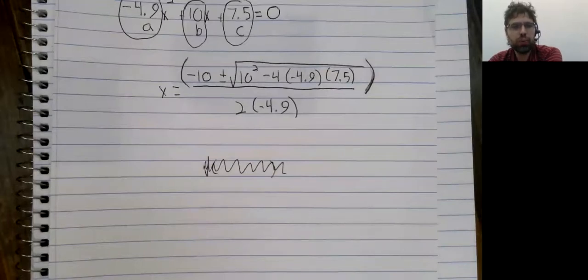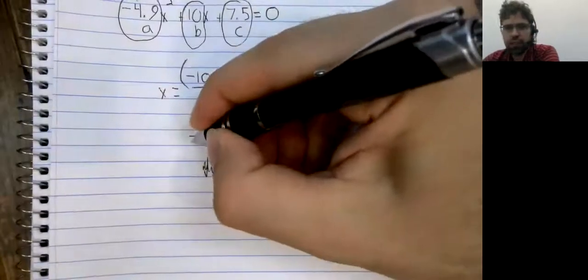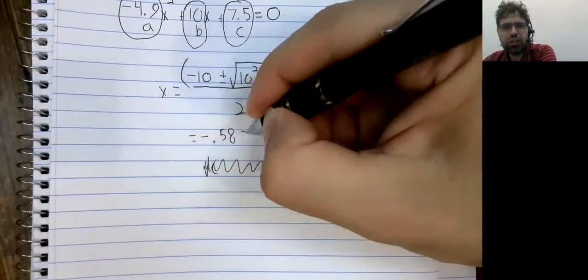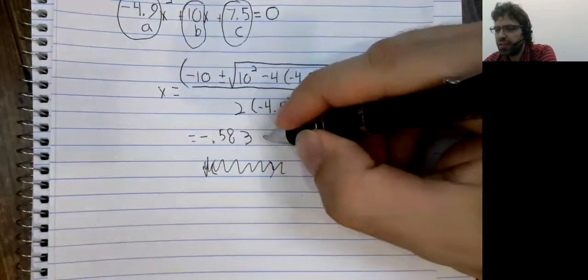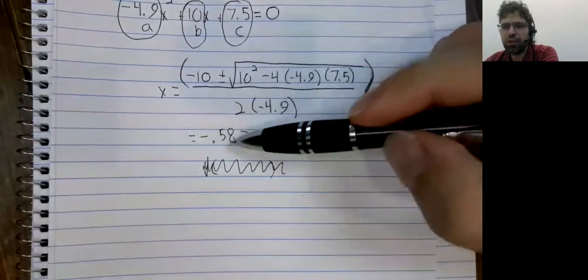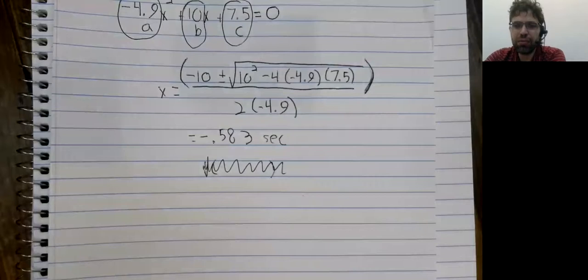Your calculator will do order of operations, and you don't want it to do division before multiplication. So you use grouping to control that. We get negative 0.583 seconds.